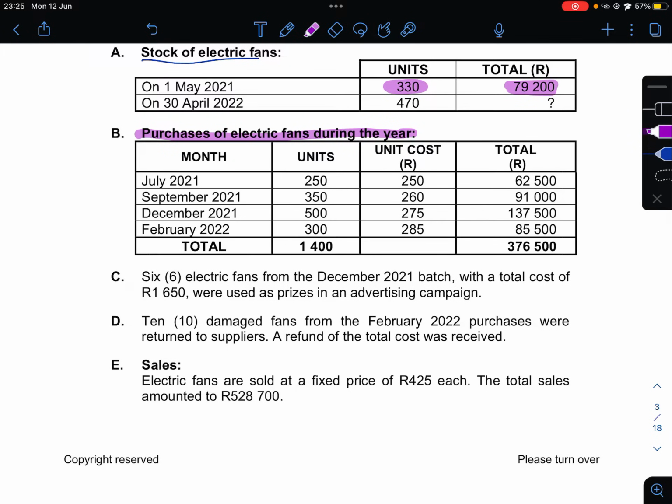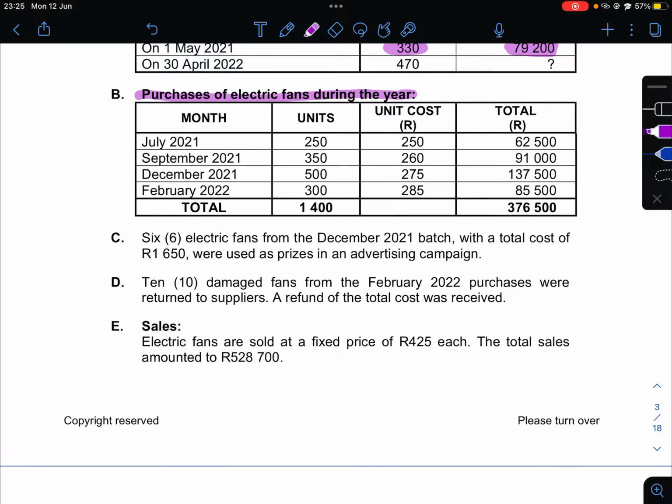Now, looking at information C, D, and E. Information C says 6 electric fans from the December 2021 batch with a total cost of 1,650 were used as prizes in an advertising campaign. Just take note of that. They said December 2021, so you know to say minus 6 because they used 6.